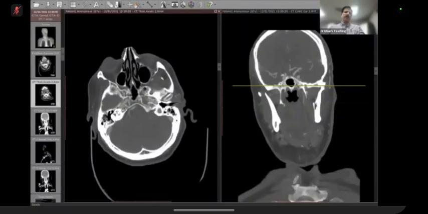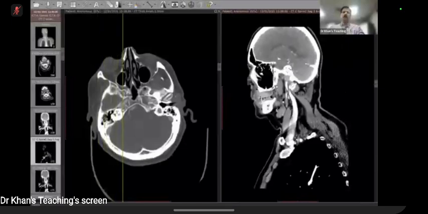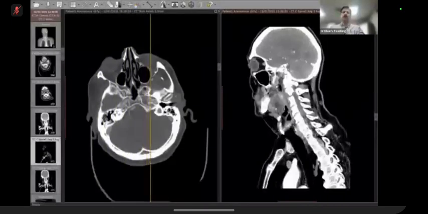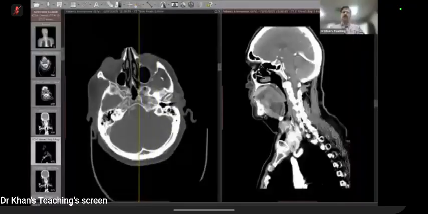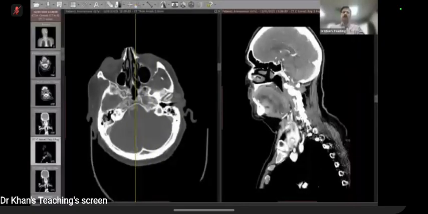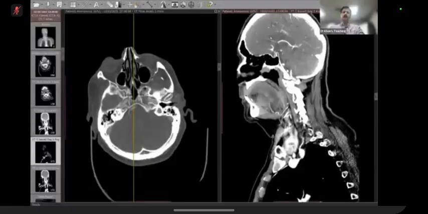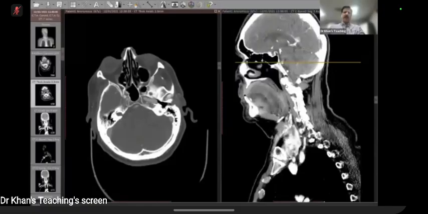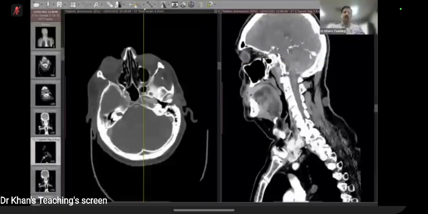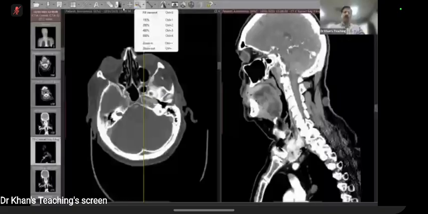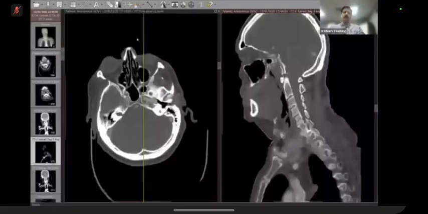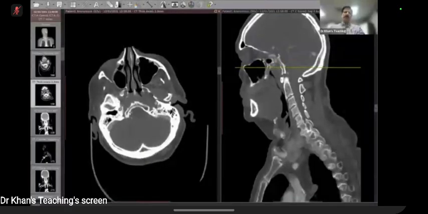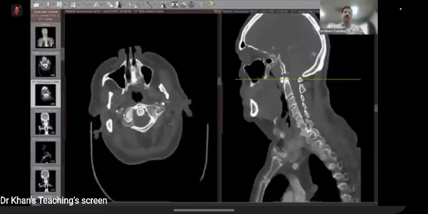Let me put in a sagittal there instead of a coronal. Let me change the window here to bone window. Now, our aim is just to see the vessels through the carotid canal.